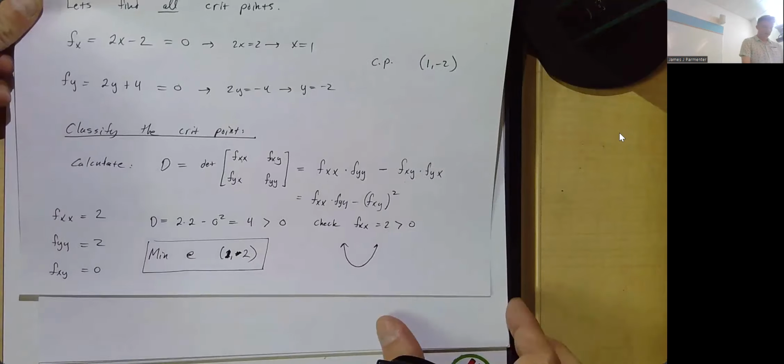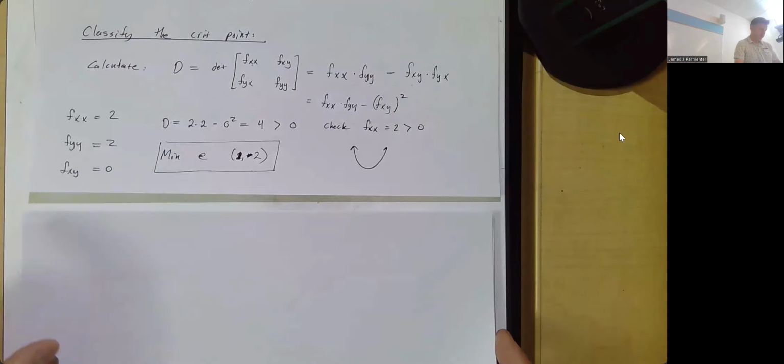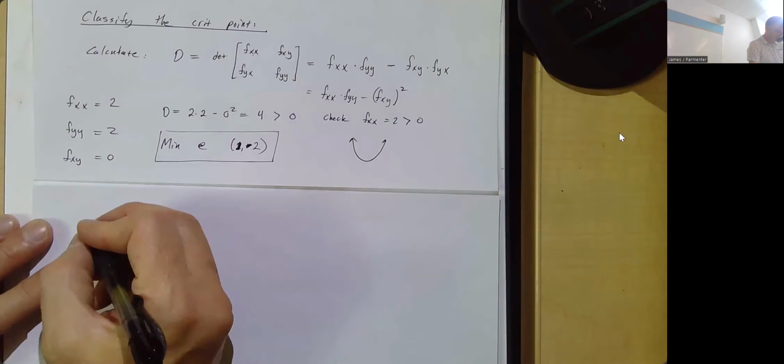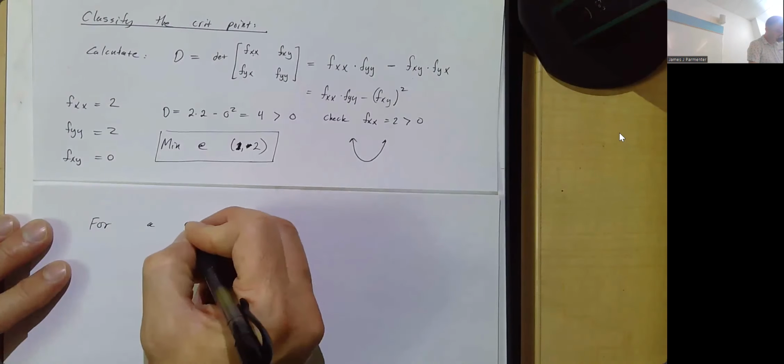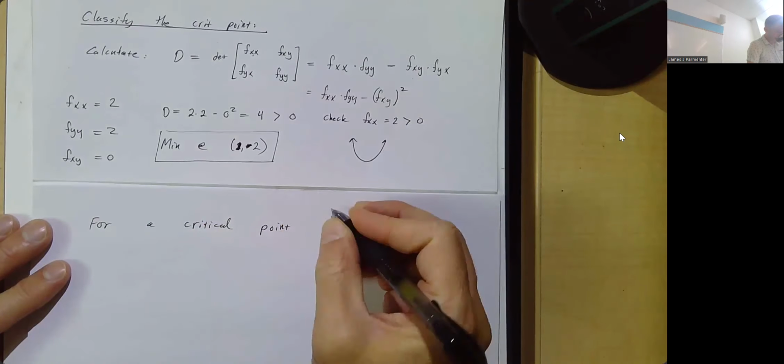Let's go ahead and clarify the rules here. So for a critical point, let's call it (x naught, y naught).